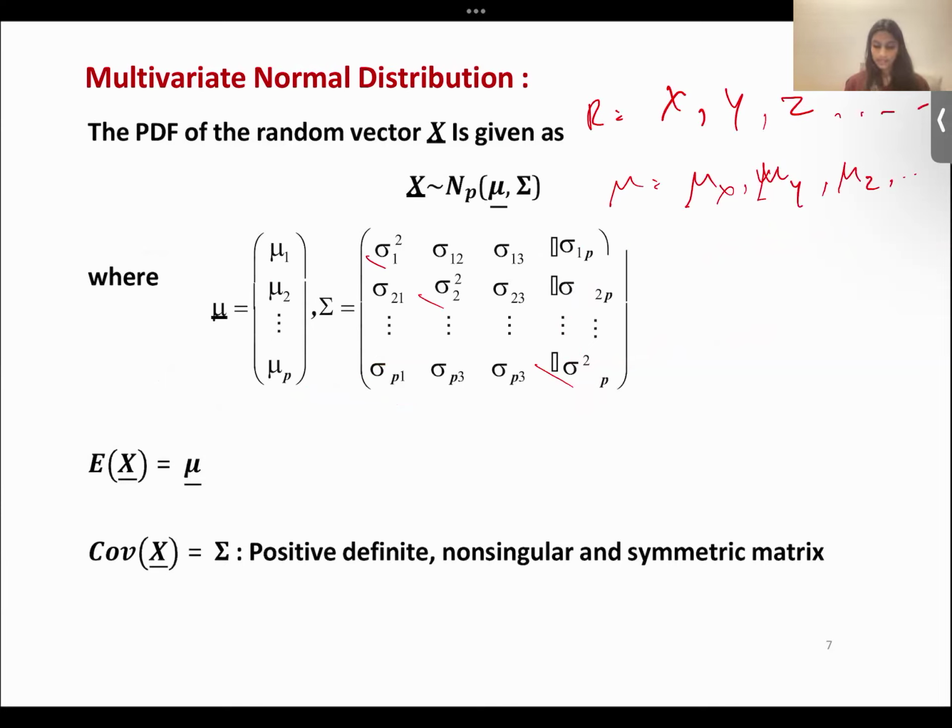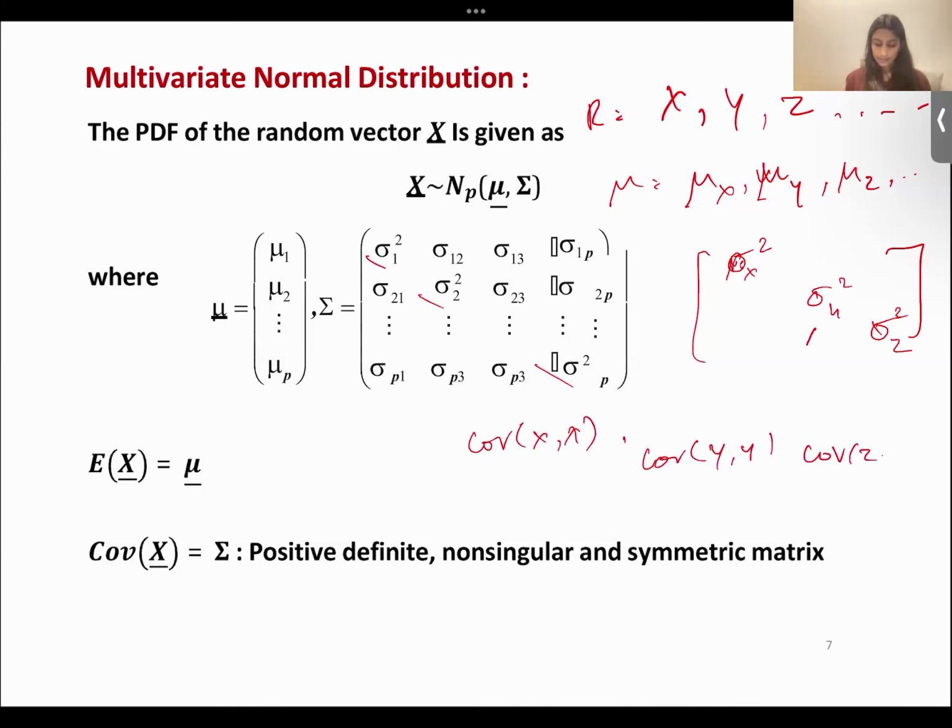In the covariance matrix in this case, in your diagonals you will have the variances: sigma x square, sigma y square, and sigma z square. So in the diagonals you'll have the covariance of x comma x, the covariance of y comma y, and the covariance of z comma z.